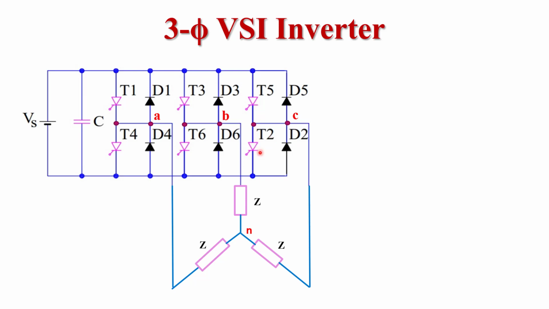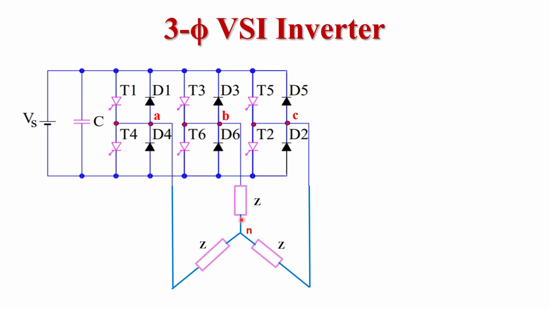Now the upper thyristors are called positive group thyristors. It means T1, T3 and T5 are the positive group thyristors. And the lower group thyristors, T4, T6 and T2, are called negative group thyristors. So in this way we divide the whole circuit into segments and positive and negative groups.